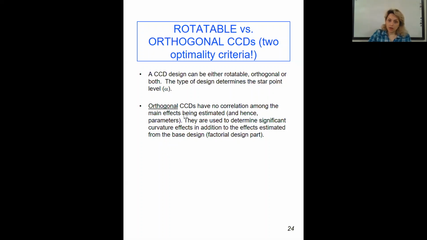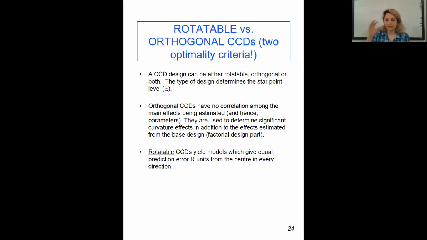The orthogonal central composite designs don't have any correlation among the main effects being estimated, and therefore there wouldn't be correlation between the parameters. They are used to determine significant curvature effects in addition to the effects estimated from the base design, the factorial design part.